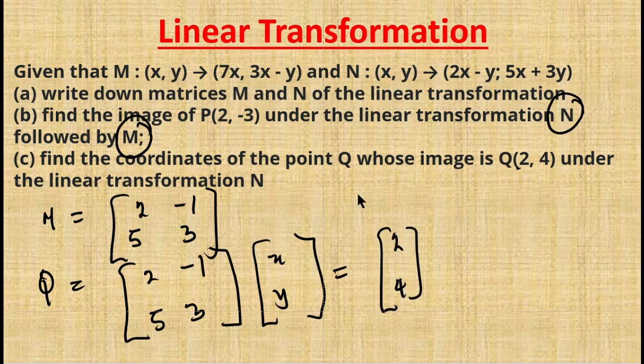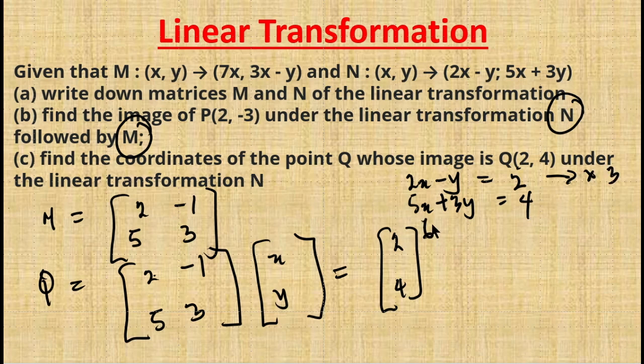Now, if I multiply this out, 2x minus y will be equals to 2, while 5x plus 3y will be equals to 4. I want to use simultaneous equations to solve this problem. I'll multiply the first by 3, so that I'll have 6x minus 3y is equals to 6.